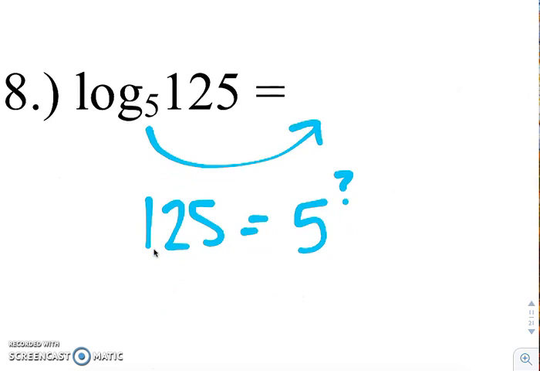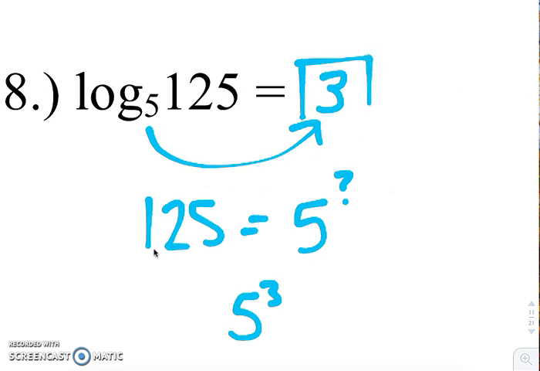So 5 to what power is 125? 5 to the third. So this whole expression, log base 5 of 125, equals 3. You're solving for the exponents. That's what logarithms are used for.